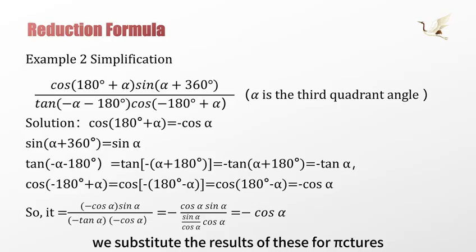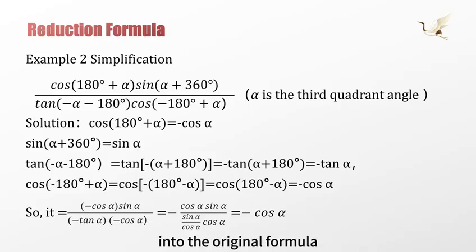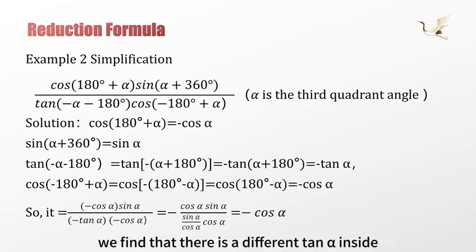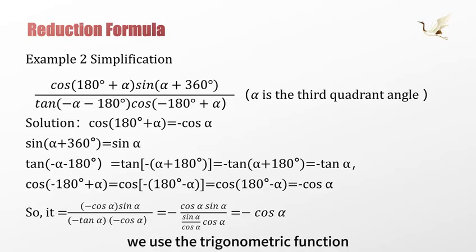We substitute the results of these four expressions into the original formula in turn. After the original formula is substituted, we find that there is a tangent alpha inside. We use the trigonometric function formula of the same angle to transform tangent alpha into sine alpha over cosine alpha. After reduction, the final result is negative cosine alpha.